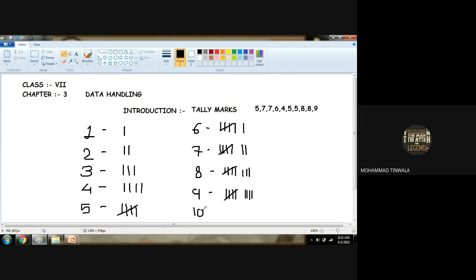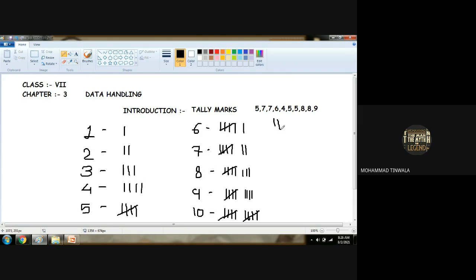Again, 10: 1, 2, 3, 4, 5, 6, 7, 8, 9, and 1 crossing diagonally. This is your 10.